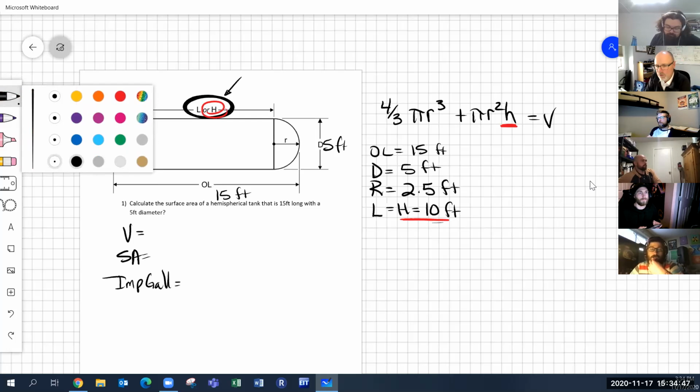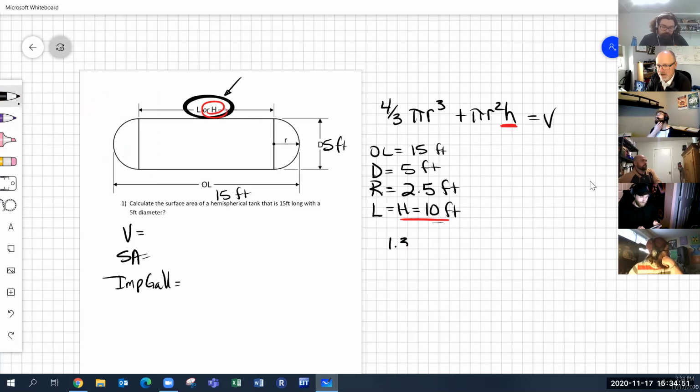So now I will calculate the sphere. So 4/3 on my calculator is equal to 1.333 multiplied by pi 3.1416 multiplied by my radius cubed, which is 2.5 cubed.